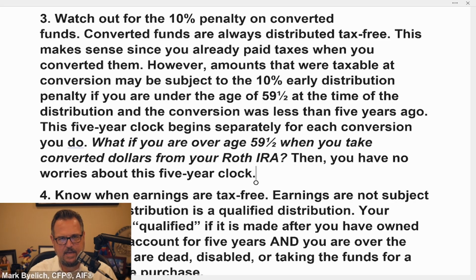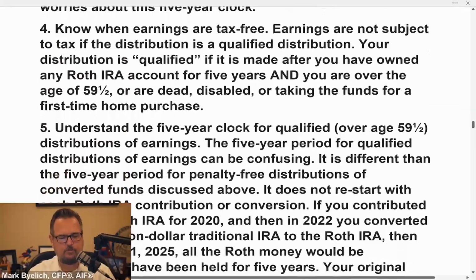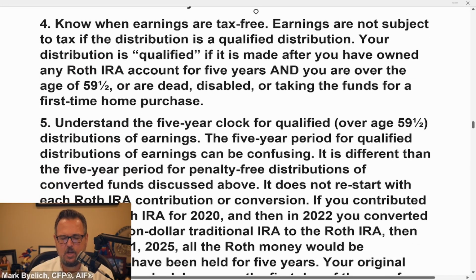If you've had any Roth IRAs, and Sarah will go on and talk about this, but if you're over 59 and a half and you've had any Roth IRA for at least 5 years, then you're free and clear of the 5-year rule. So number 4, know when earnings are tax-free. Earnings are not subject to tax if the distribution is a qualified distribution.